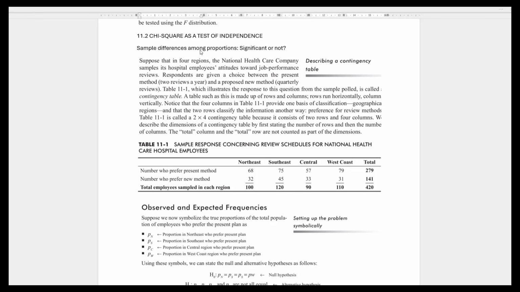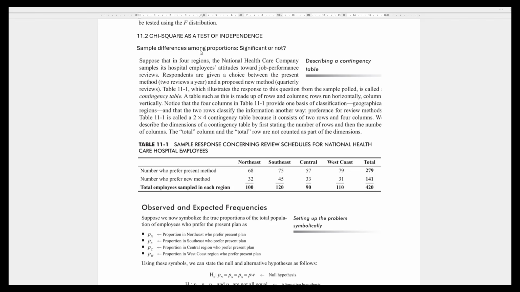That is what we try to prove. So we call chi-square a test of independence. Why are we saying independence? If we are considering two variables, whether these two variables affect each other or they are independent. That is why we call it test of independence.